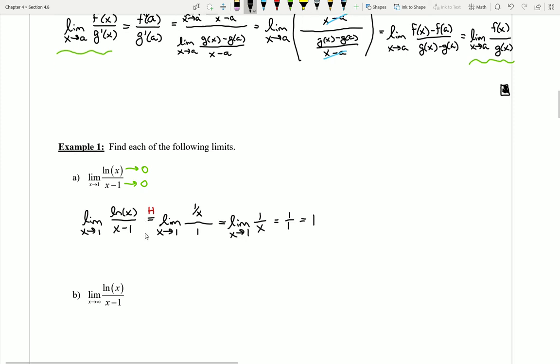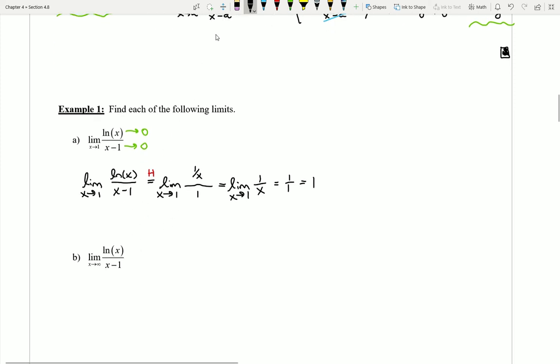Okay, well let's take a look here at part B. In part B, we already saw in the opening motivation that we were going to have the form of infinity over infinity. Now again, since I have a differentiable function up top and on bottom when x is moving towards infinity, and I have the form infinity over infinity, I can again think about using L'Hopital's rule. So I set up my original limit, and I say that this is going to be, by L'Hopital's rule, equivalent to a new limit where I just replace again the top and the bottom with their derivatives.